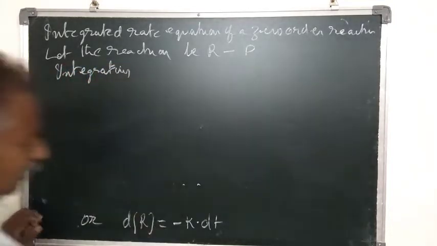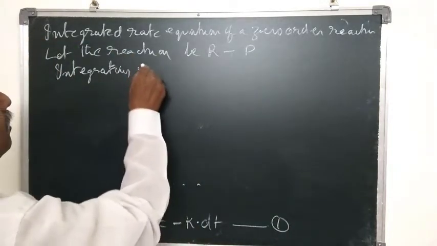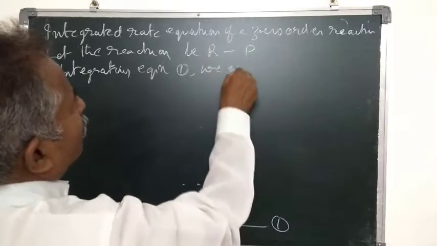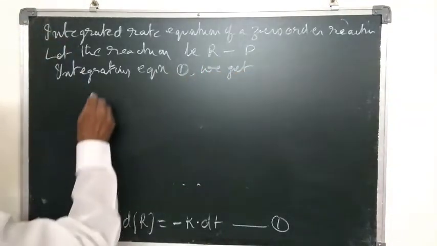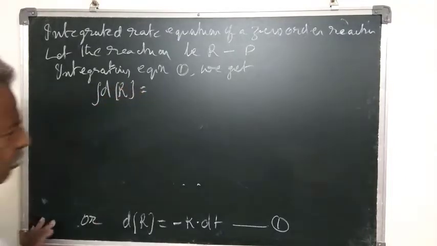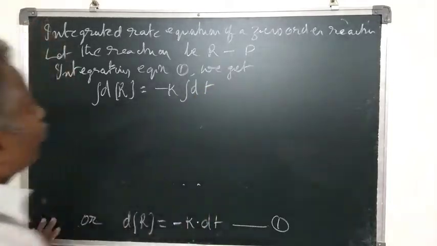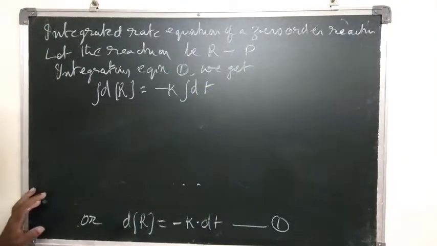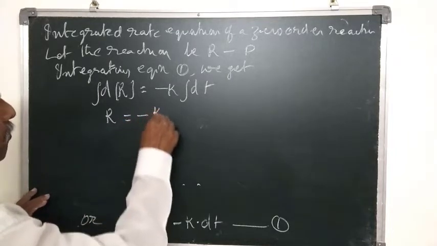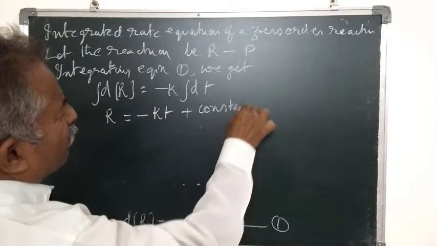This is number 1. Integrating equation number 1, we get integration dR is equal to minus k integration dt. So this is nothing but R is equal to minus kt plus constant.